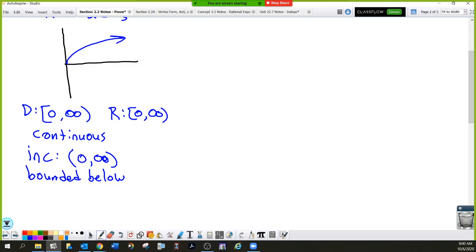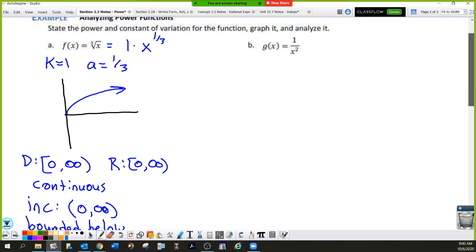We could say it has a minimum, but that's kind of given by saying bounded below. Cool with that idea? All that makes sense? That's not bad, right? Especially since I'm not going to make you graph it yourself. Just remember that when you go to graph these, x must be greater than or equal to 0 by definition.